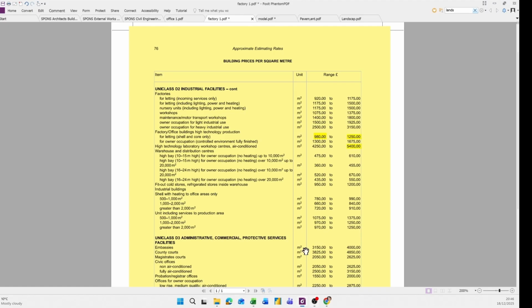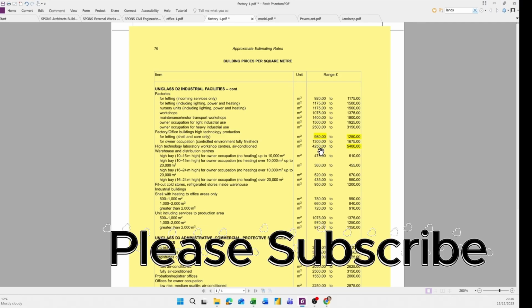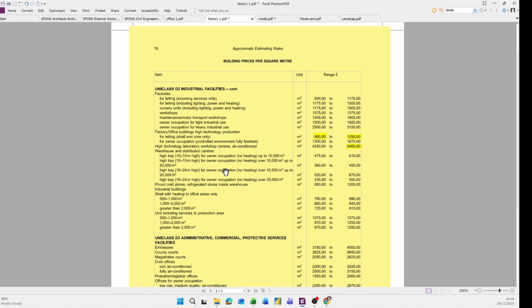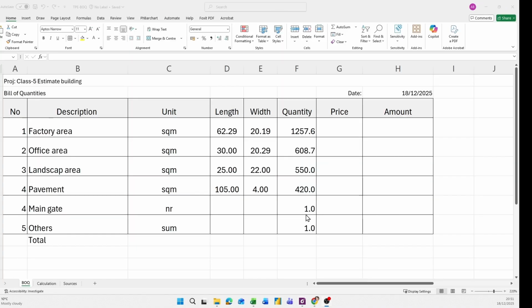Where did I get this information? I got it from Spon's Price Book here in the UK. There you can see many different types of factory building and their prices, high and low. We don't know exactly about our factory building, so we think about the area of the building.